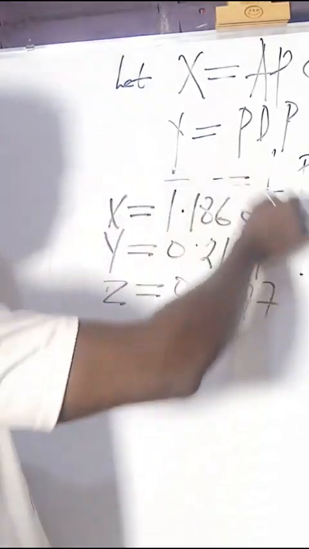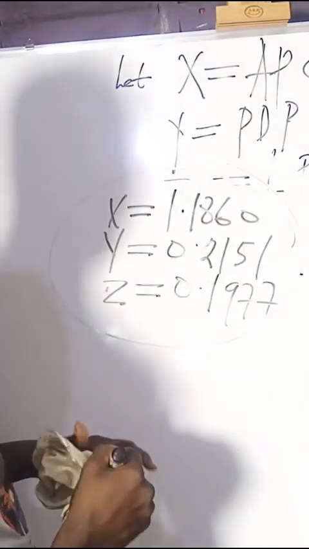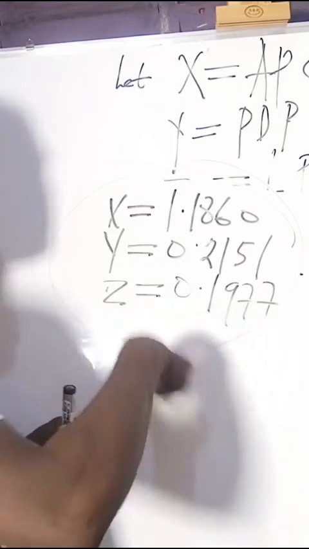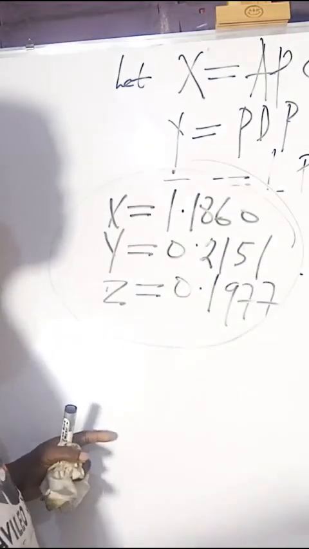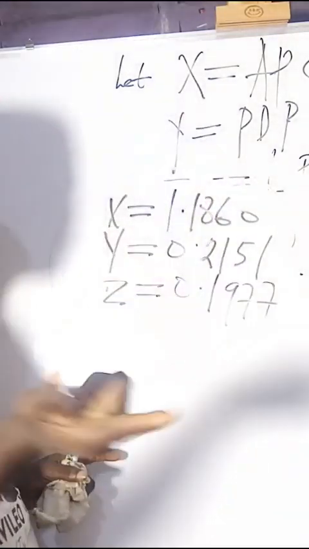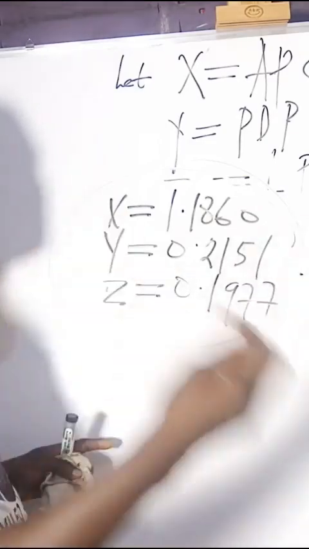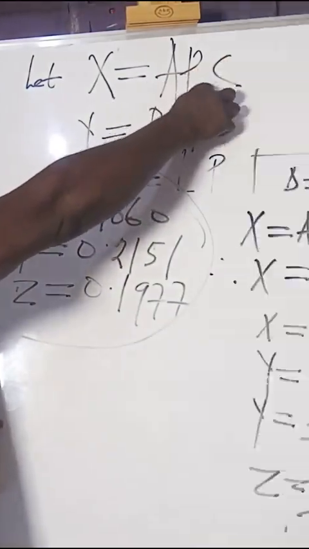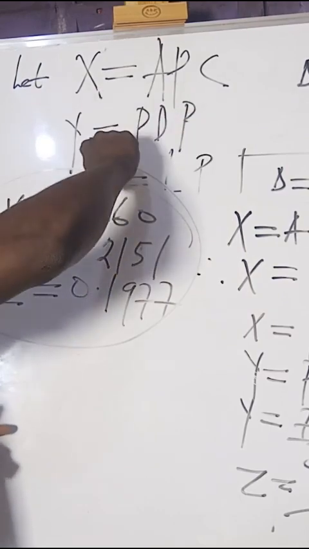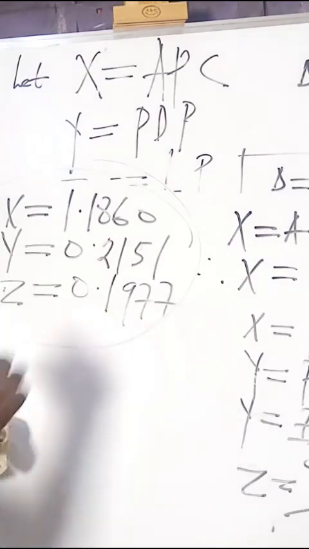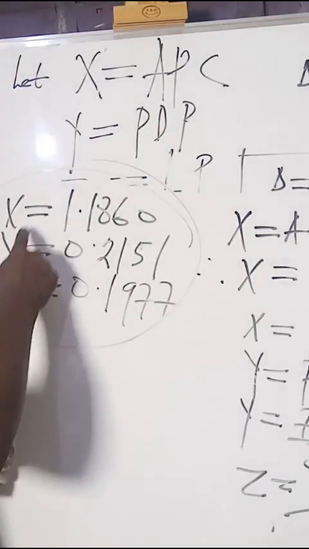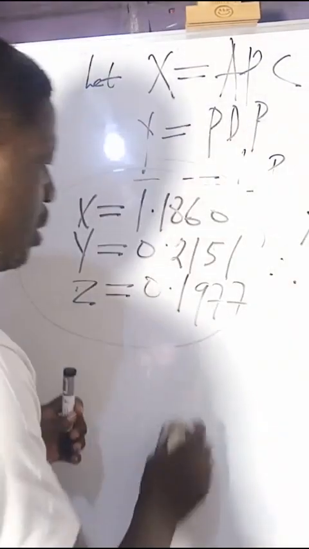These are the values of the unknown variables x, y, and z, as used in the system of simultaneous equations to represent the three most prominent political parties in Nigeria: APC represented with x, PDP with y, and the Labour Party with z.